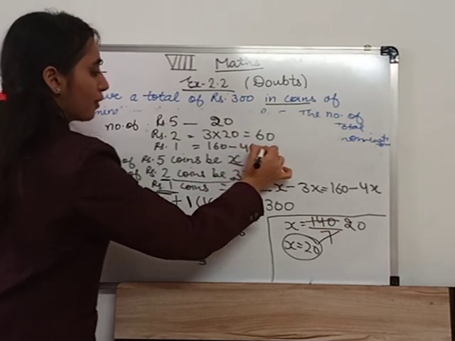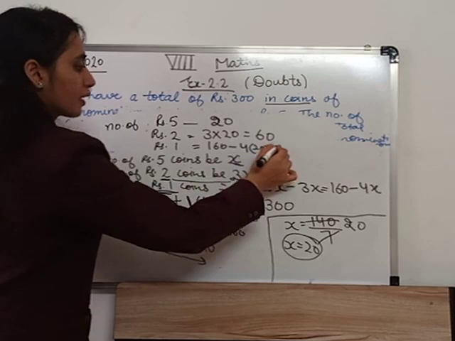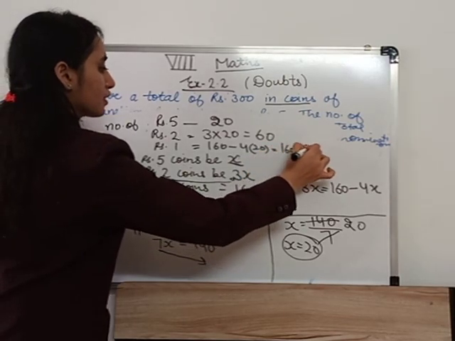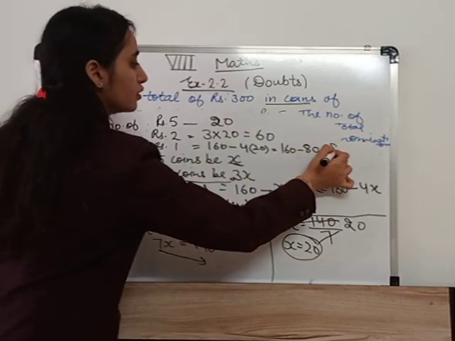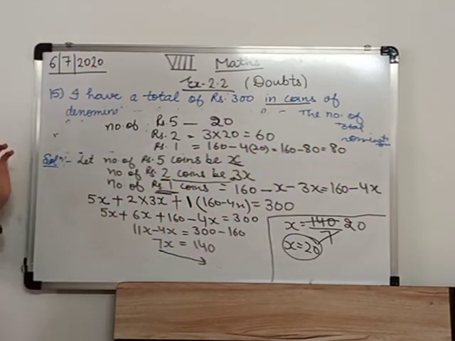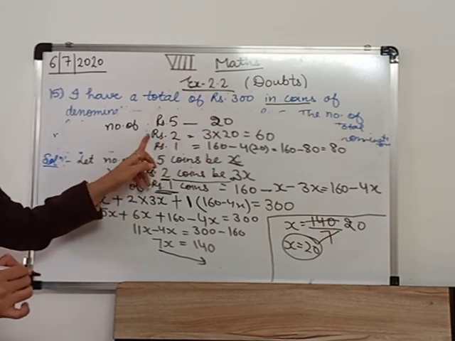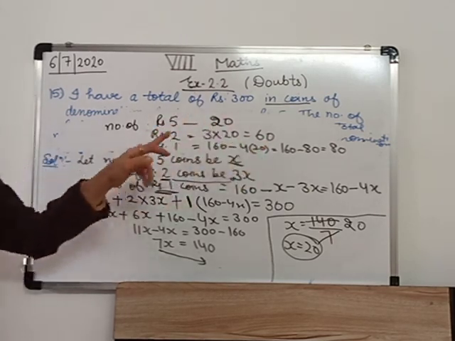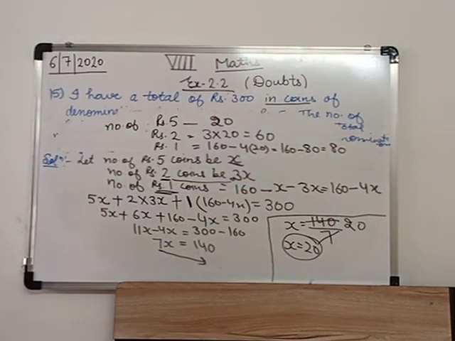You can write in brackets instead of using multiplication sign. 160 minus 80, that is equal to 80. Means she has 20 5 rupee coins, 60 2 rupee coins, and 80 1 rupee coins. Like this way we can find the number of coins of each denomination.